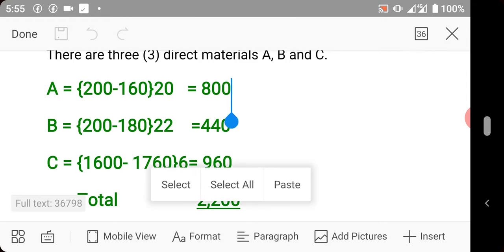So how do we get it? 200 minus 160. I told you if it is positive, it is favorable. If it is adverse, it will be negative. So 200 minus 160 is positive, so it's favorable.